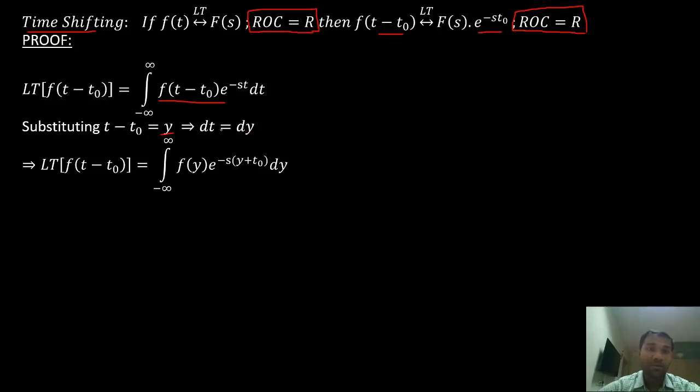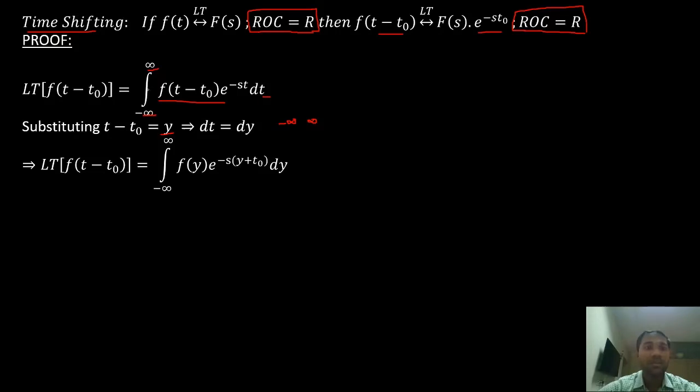And I will also check for my limits. When t is equal to minus infinity, what happens to y? Minus infinity minus t naught. Then y is equal to negative infinity, right? When t is equal to positive infinity, y is equal to positive infinity.